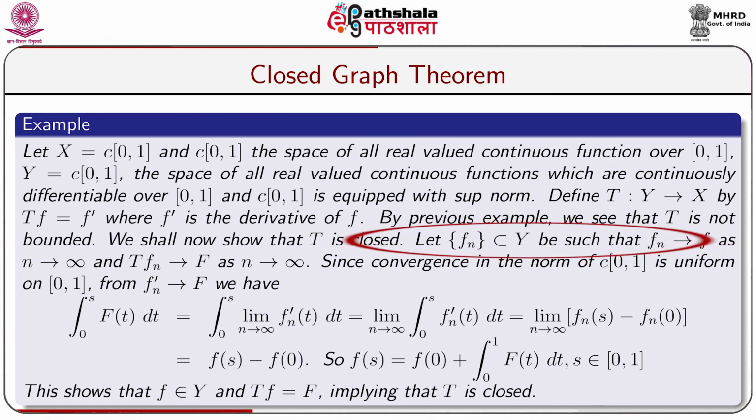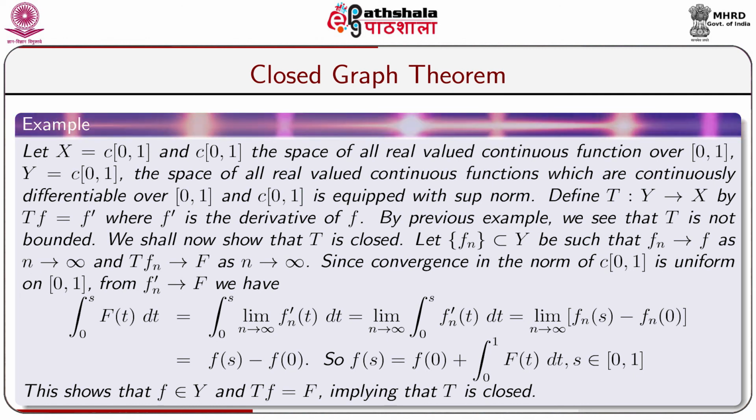Let the sequence fn be taken from capital Y such that fn goes to f as n tends to infinity and Tfn goes to capital F as n tends to infinity.